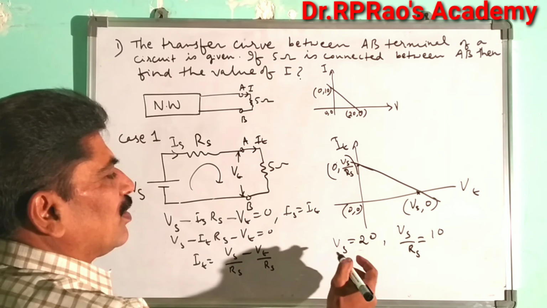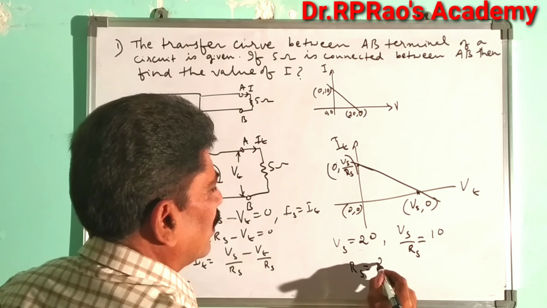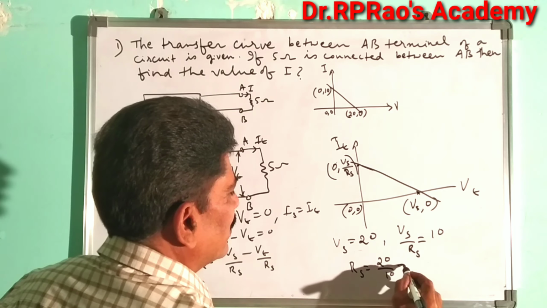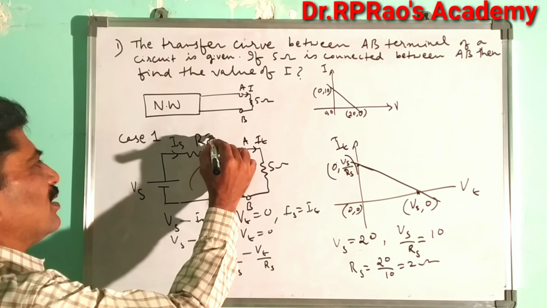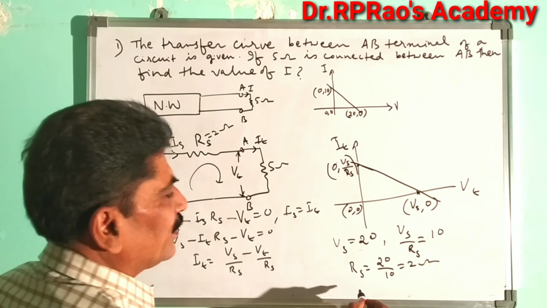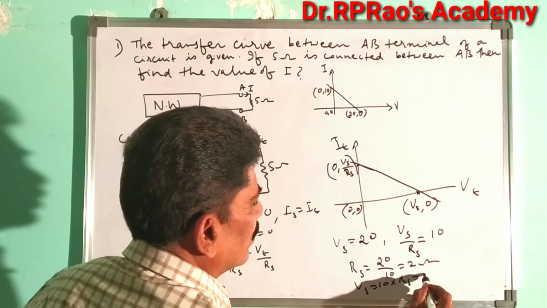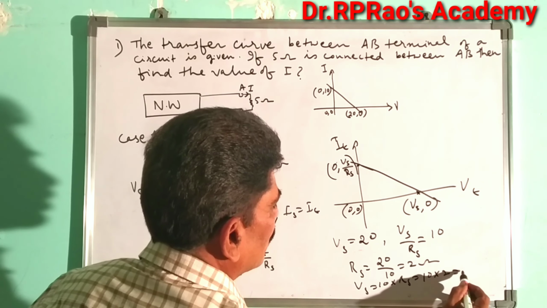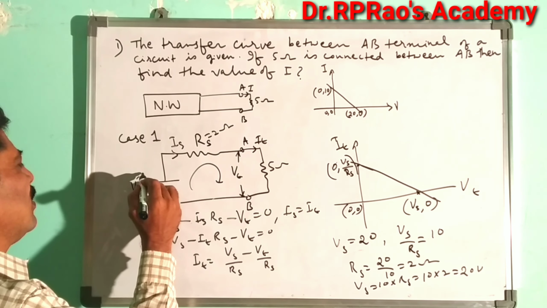Since Vs is equal to 20, Rs will be 20 by 10, which is equal to 2 ohms. Now we got the value of Rs, which is 2 ohms. Vs is 10 into Rs, which is 10 into 2, equal to 20 volts. So Vs is equal to 20 volts.